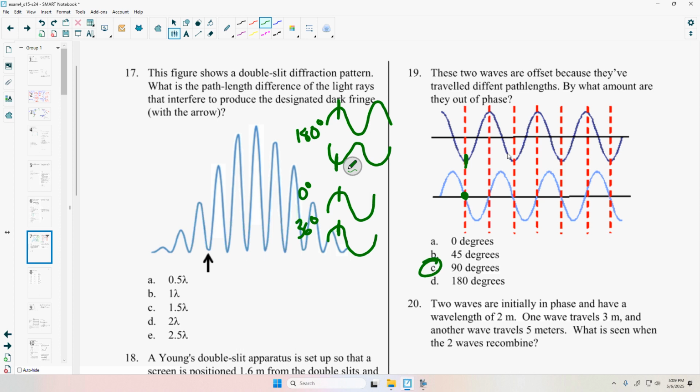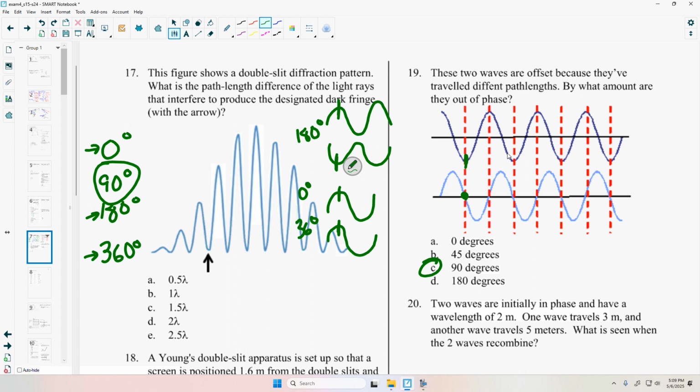You're only going to see these scenarios. You'll only see 0, 90, 180, or 360. So these three are easy to spot. If it's anything other than that, you know it's 90. It's a quarter wavelength. It's hard to draw, but it's offset by a quarter wavelength. I shifted this over 1/4 wavelength.